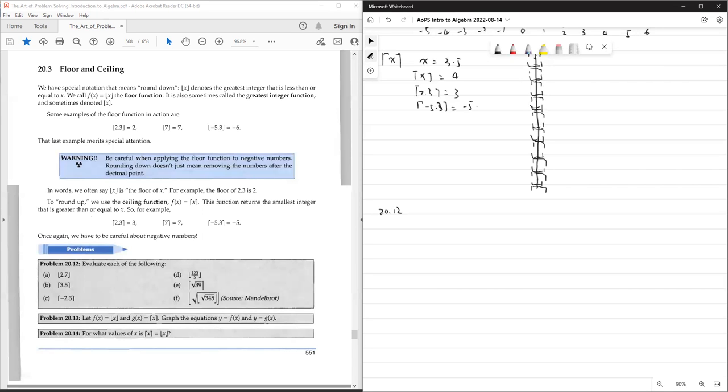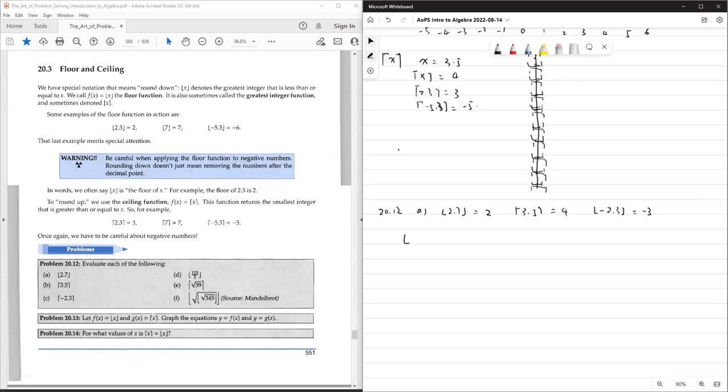Okay. Anyhow, so let's do some exercises on this. The floor of 2.7 would be 2. The ceiling of 3.5 would be 4. The floor of negative 2.3 would be negative 3.